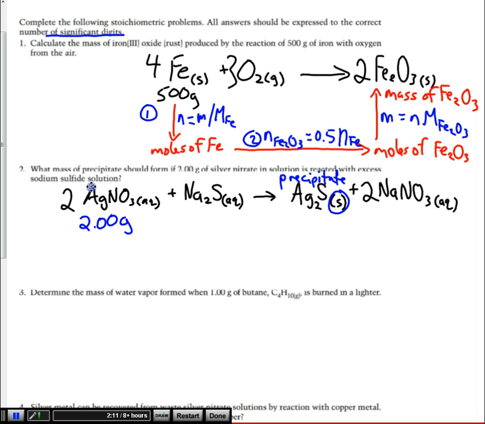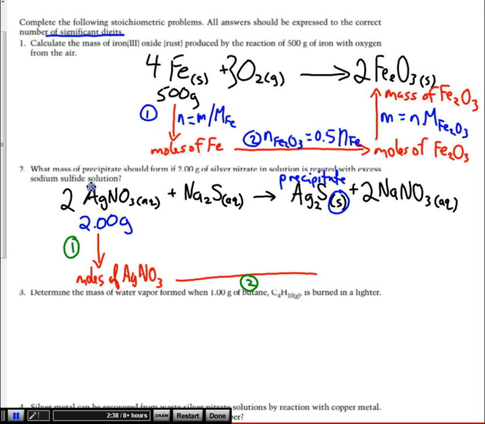And now let's go and apply gravimetric stoichiometry. So the first step is going to be going from mass to moles of silver nitrate. From there, we need to cross over to the product side. And in step 2, you can think of it as crossing over, right? We're going from the reactant side. The mole ratio is what allows us to cross over to the product side.